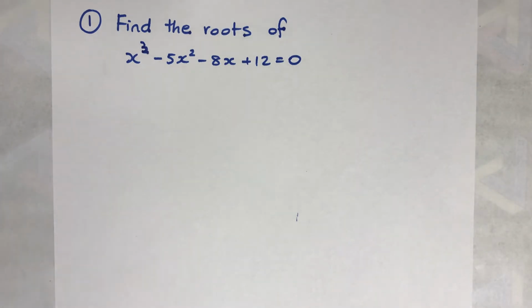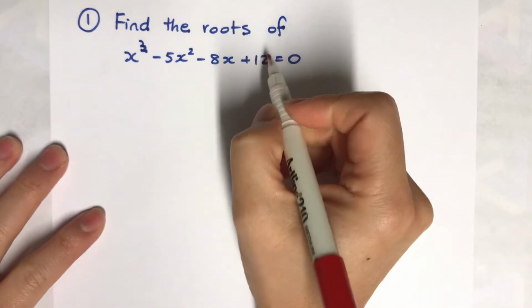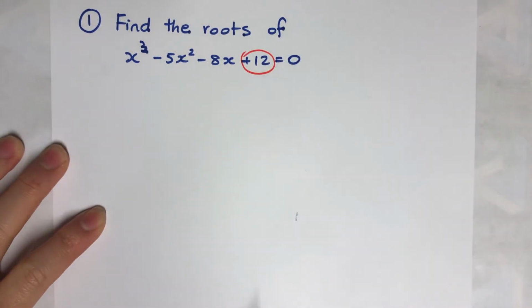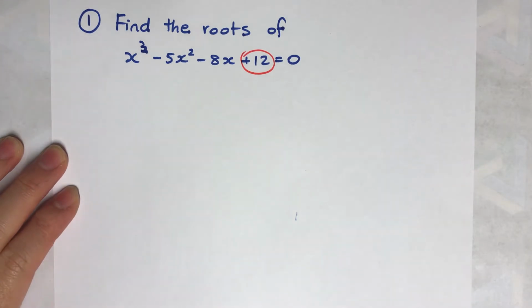Now, before we use the long division, we need to find out the factors of the divisor here. So I'm looking at the constant number at the end and the factors of getting this 12.